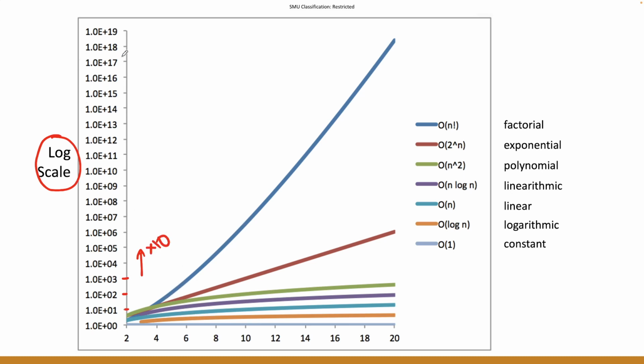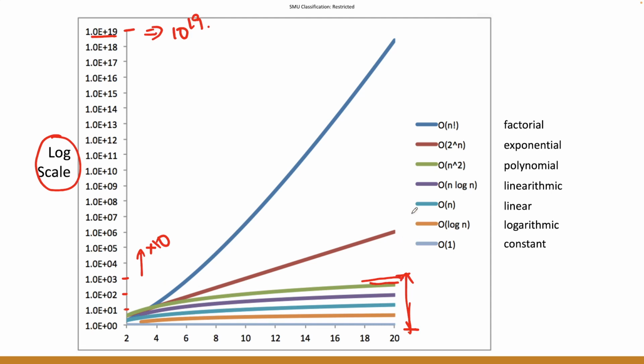So when you reach here, the way to read this is 10 to the power of 19, a huge number. And you can see that from constant all the way to polynomial, which is the green line over here, the growth rate eventually settles. It's still growing, but you can see very clearly it is slowing down to almost a flat line. This is roughly speaking the upper bound on the number of operations.